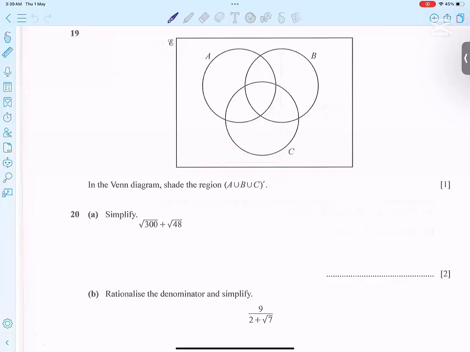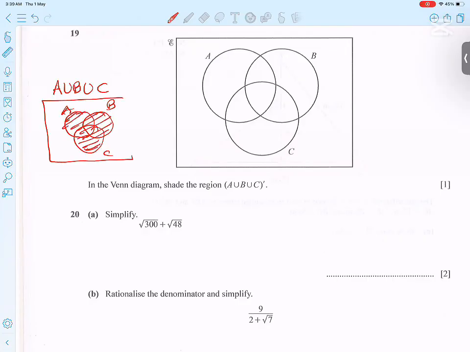Question number 19, we have students now. Shade the region for this. So what is the matter to do in the question? Best technique, we deal inside what is called union. So A union B union C means this is A, B, and this is C. It means all three circles we need.